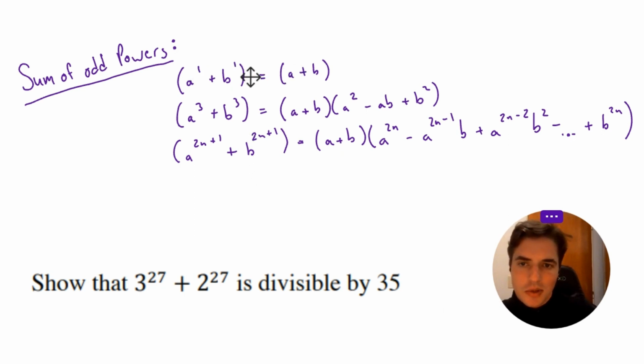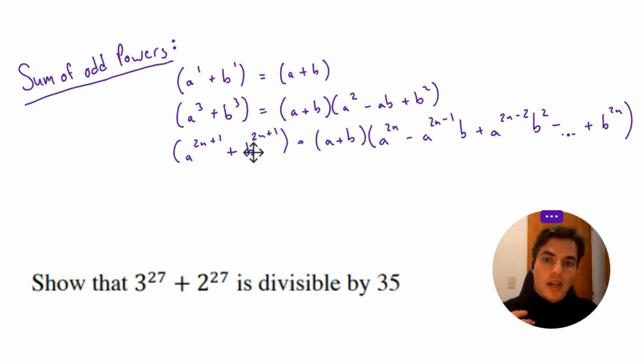Right? I'll give you the example of a to the 1 plus b to the 1. That factors pretty easily. But as we go further, we find that we can continue pulling out that a plus b. We have a plus b times a squared minus ab plus b squared.